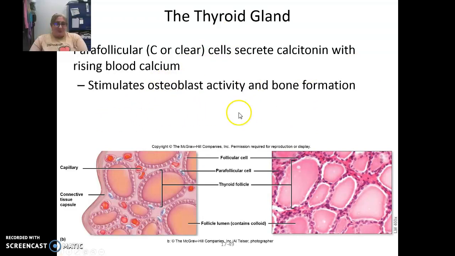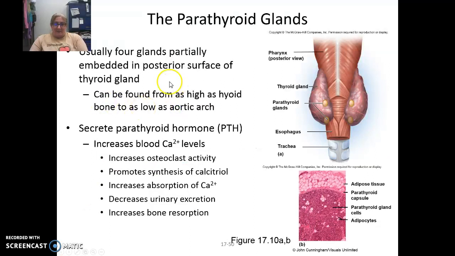building up our bones. This is more often seen in children than in adults, because if you think about it, the last time any of you were probably told that you had high blood calcium levels was never. We never get told we have high blood calcium levels.